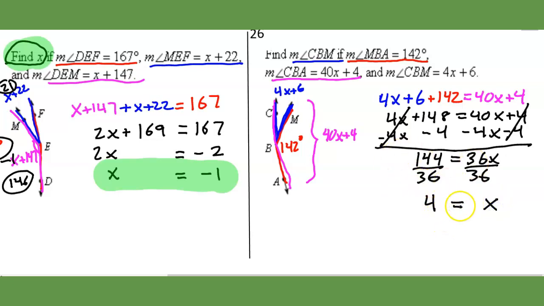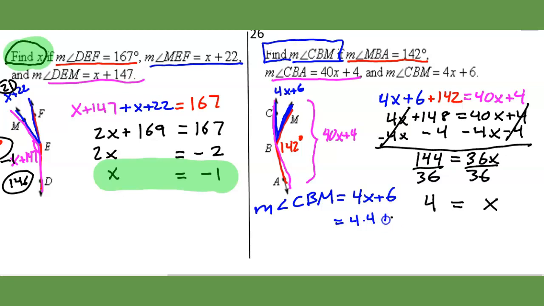However, that is not our answer because the question was to find the blue angle right here, 4x plus 6. So our final answer will be the measure of CBM should be equal to 4x plus 6, which will equal 4 times 4 plus 6, since x equals 4.